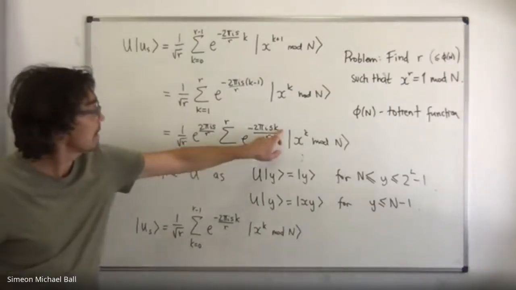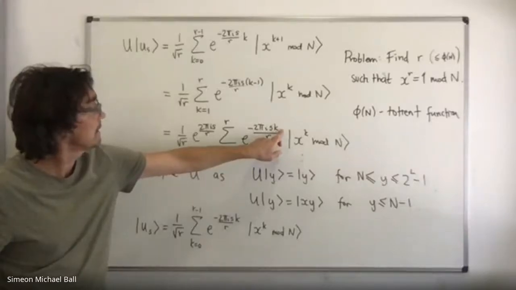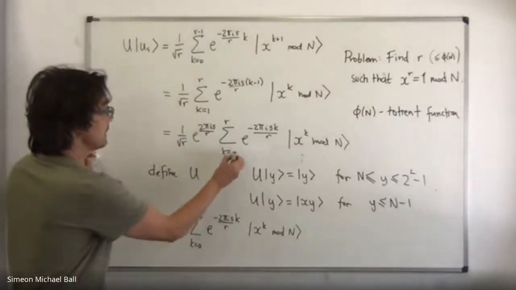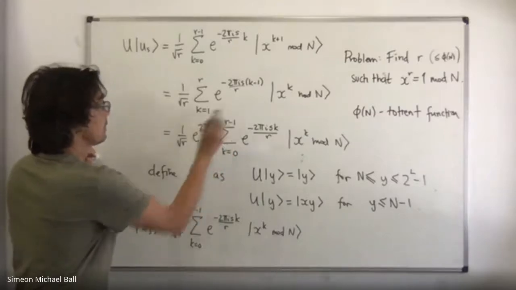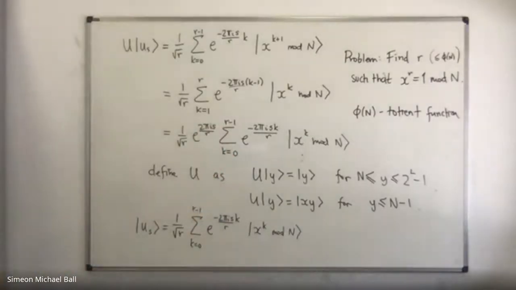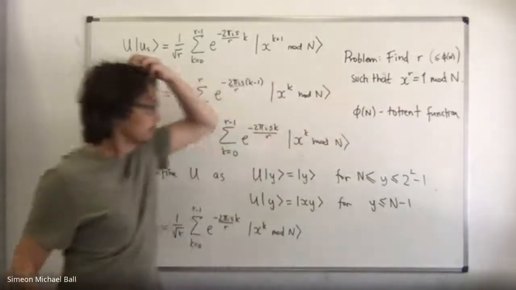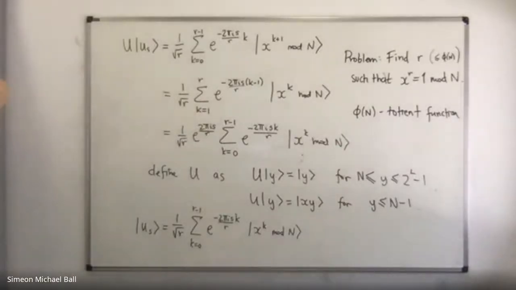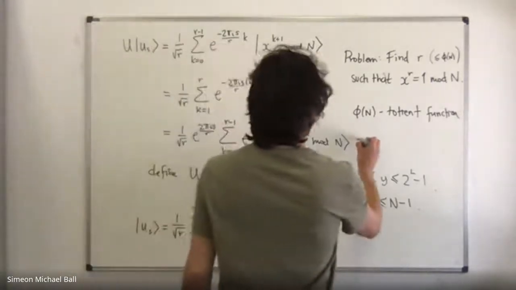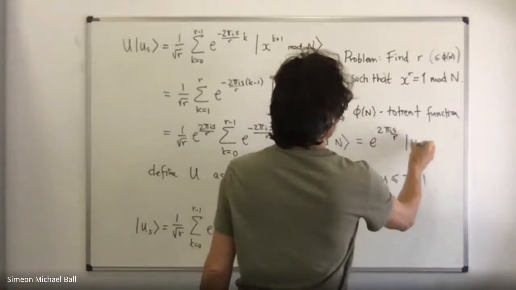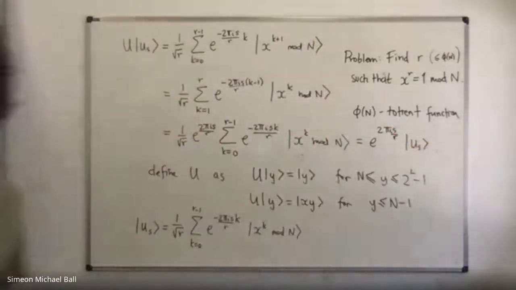And now, of course, when k is r, that's exactly the same as k is 0 because this is an integer. So this sum is simply 0 to r minus 1, because also x to the r, of course, is equal to 1. So this is the 2 pi i s divided by r times u s.